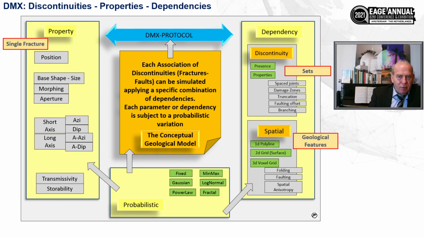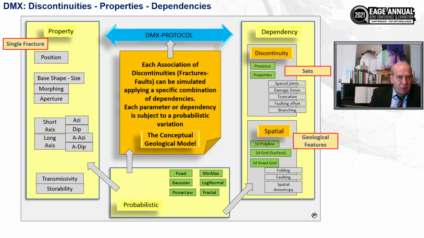And in this diagram we try to summarize briefly how these dependencies work. On the left we see the properties of the single fractures, again position, shapes, morphing, aperture, orientations, and all kinds of different attributes. On the right side, the different types of dependencies that can be imagined.